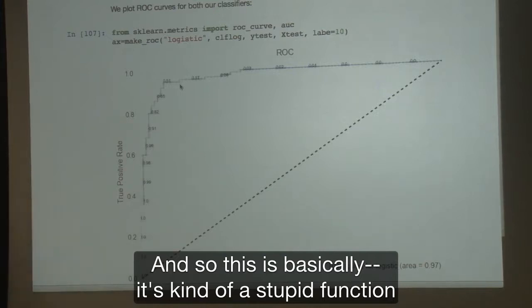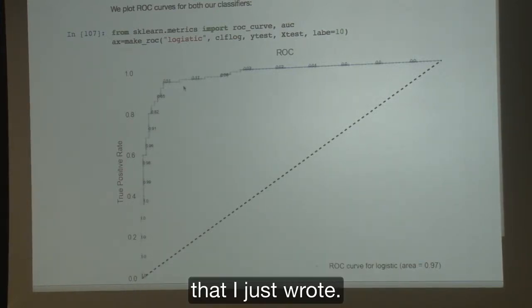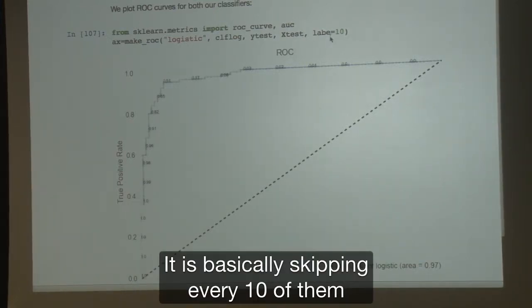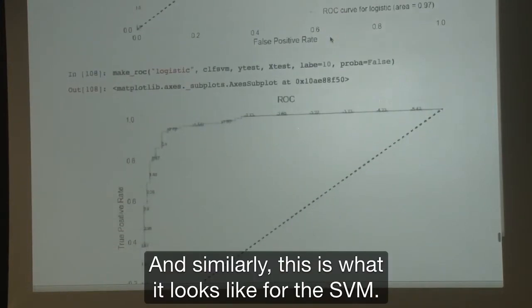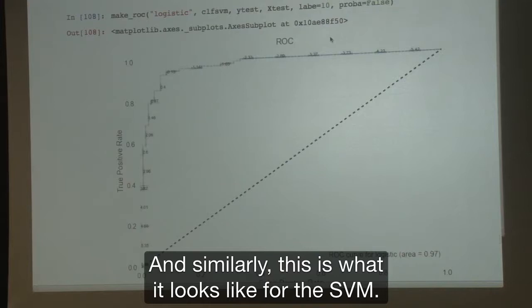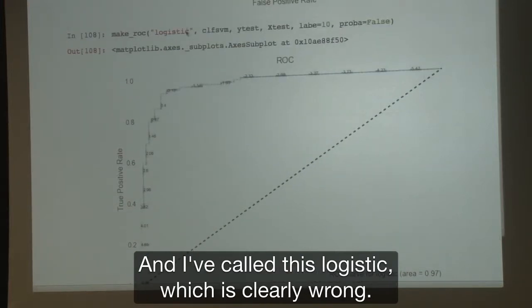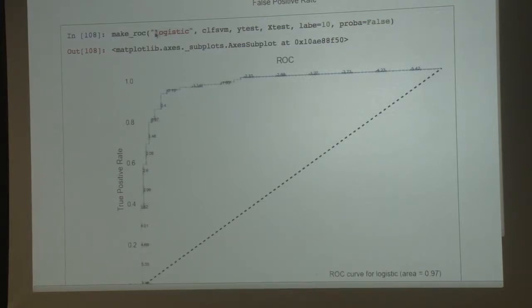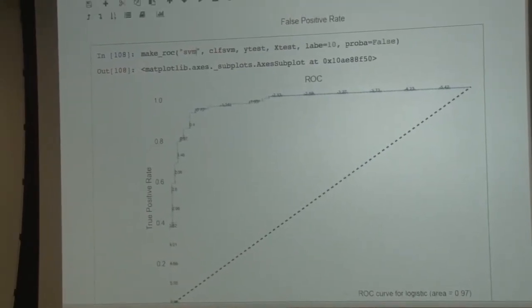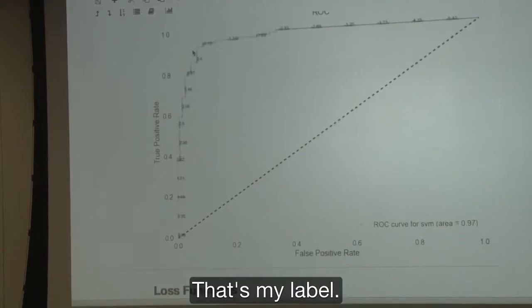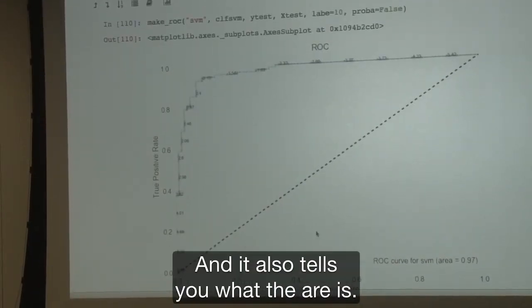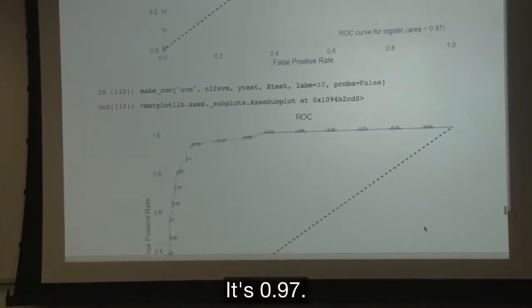This is a kind of stupid function that I just wrote. It's basically skipping every 10 of them and putting labels up. Similarly, this is what it looks like for the SVM. I've called this logistic, which is clearly wrong. I shall fix that as my label. It also tells you what the area is. It's 0.97 for this one. It's 0.97.